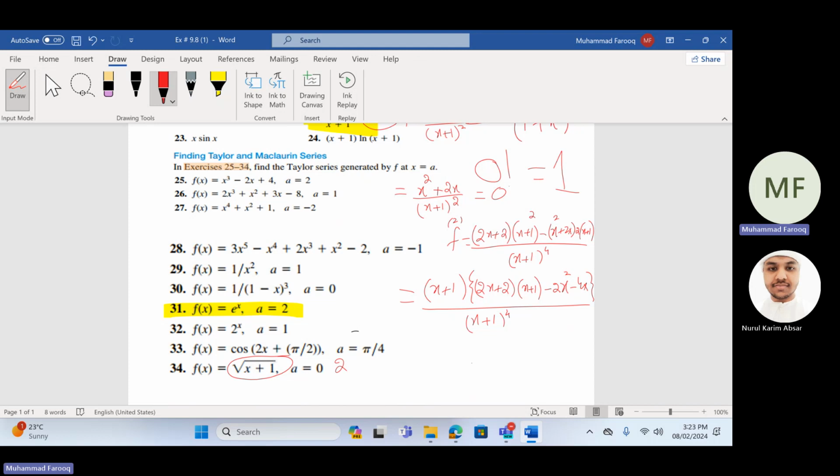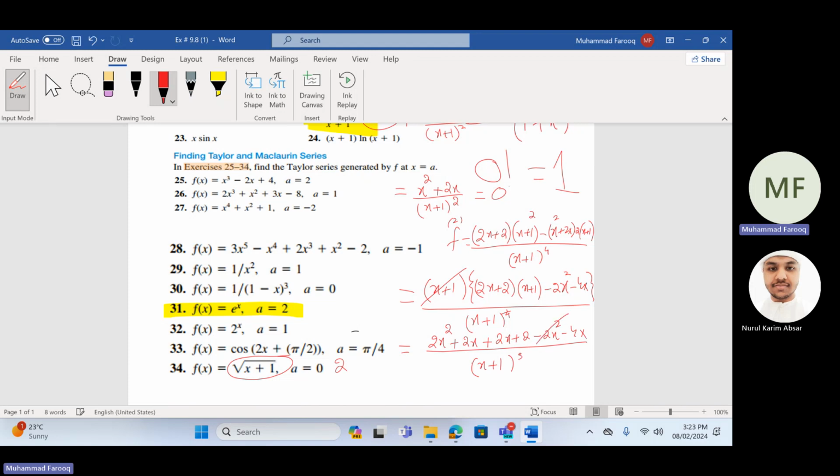Now here, if I open this one, please, this is gone, right? So it is 2x squared plus 2x plus 2x plus 2 minus 2x squared minus 4x, and divide by x plus 1 raised to power 3.